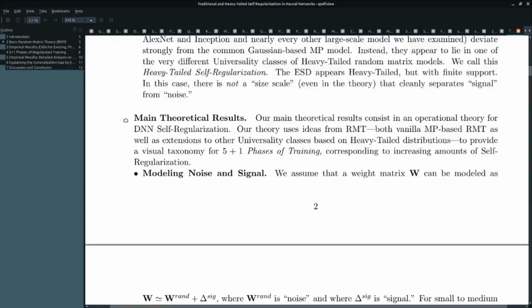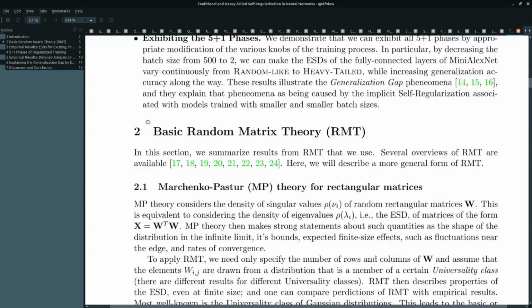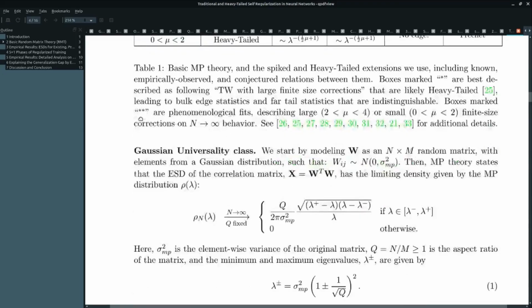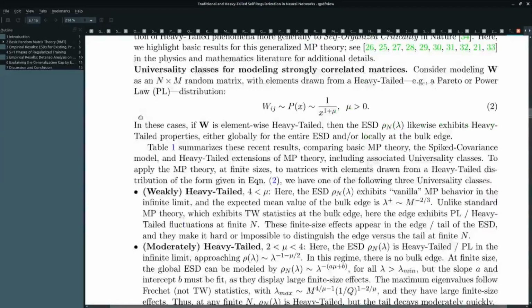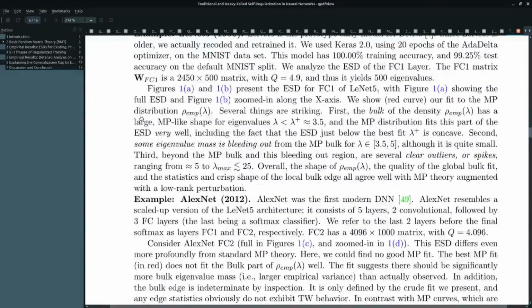But it also means that you're no longer in the rotationally invariant regime, because you have these very sparse eigenvectors, which you wouldn't normally get. So they mention a bunch of things.